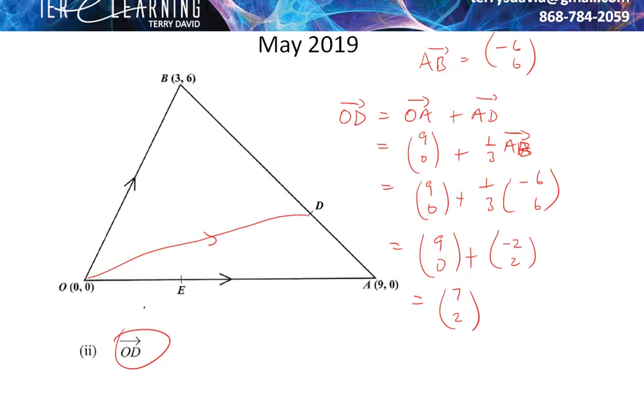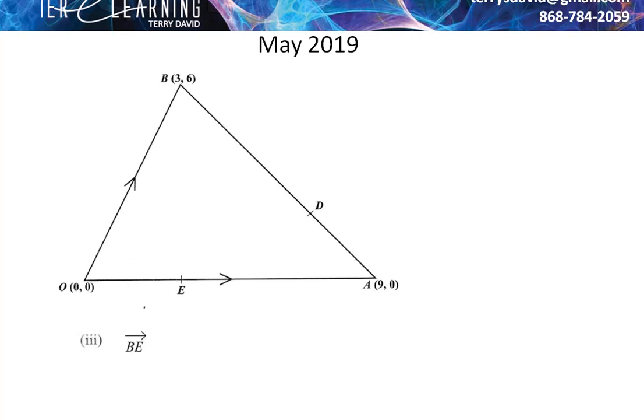And the last part now, they want us to find the vector BE. Where's BE? BE is coming down here. So BE is simply equal to BO plus OE.